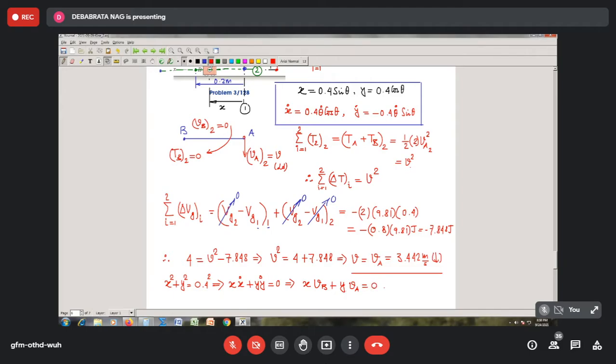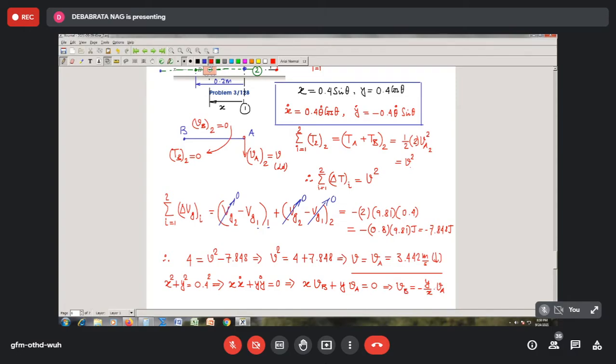So it indicates that at any position, the velocity of block B is equal to minus y by x into velocity of block A. So you see, this is basically the relationship between the velocity of block B and block A. Correct.